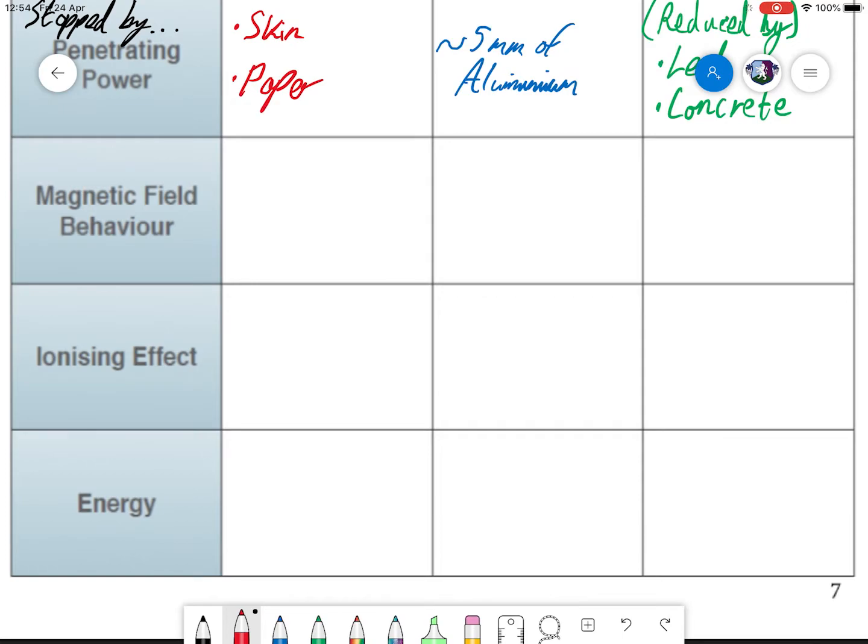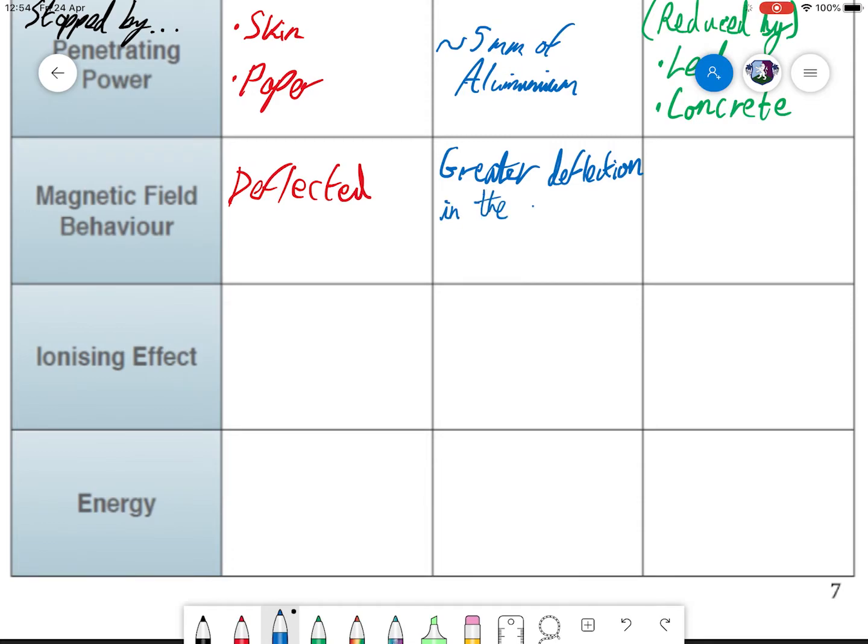So, for magnetic field behavior, we're again referring to that magnet and what will happen to the radiation. As we saw in the previous diagram, alpha particles are deflected, and when we refer to beta, we can compare it with this. So for beta particles, we knew that there was a greater deflection. And as well as that, considering this as basic beta minus, we know it would be deflected in the opposite direction.